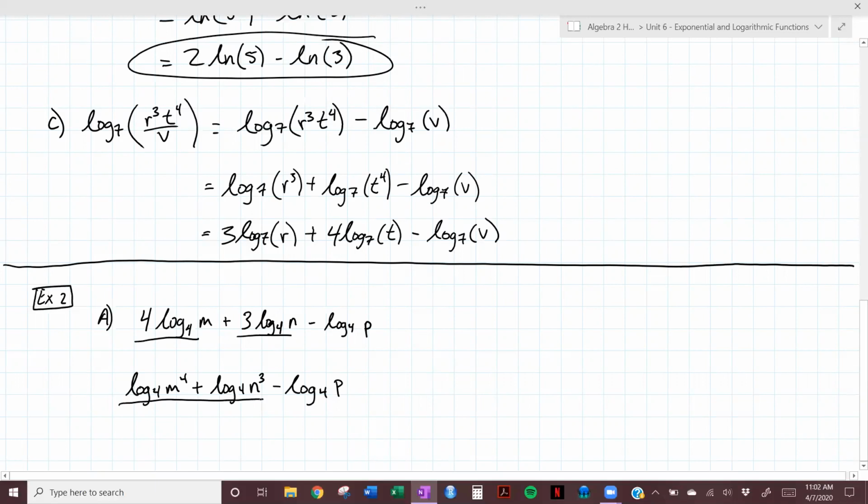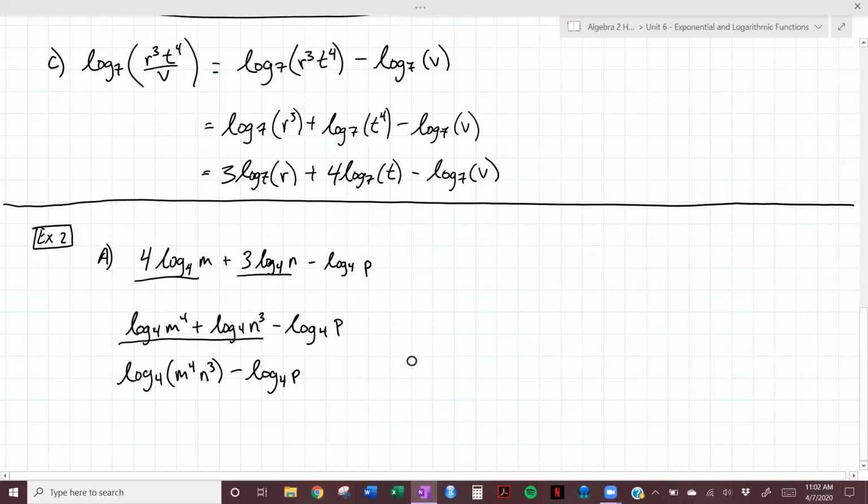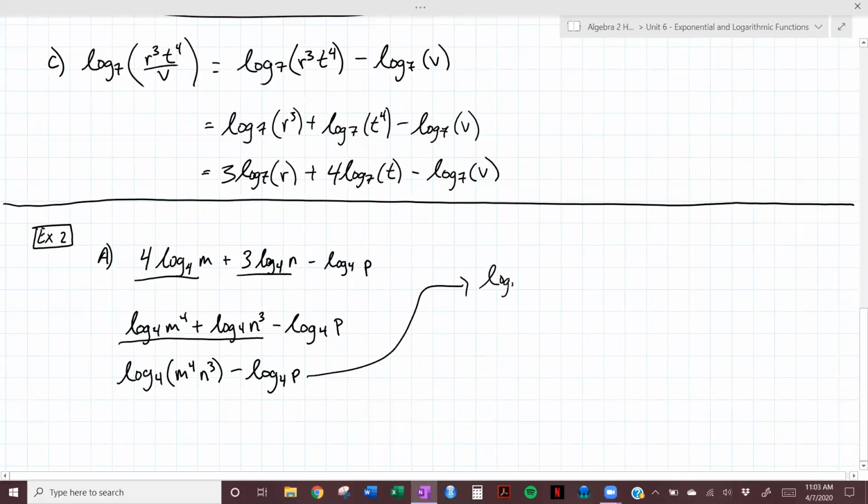Again, I'm going to focus on these two. This becomes log base 4 of m to the 4th n to the 3rd minus log base 4 of p, which in turn becomes log base 4 of m to the 4th n to the 3rd over p.